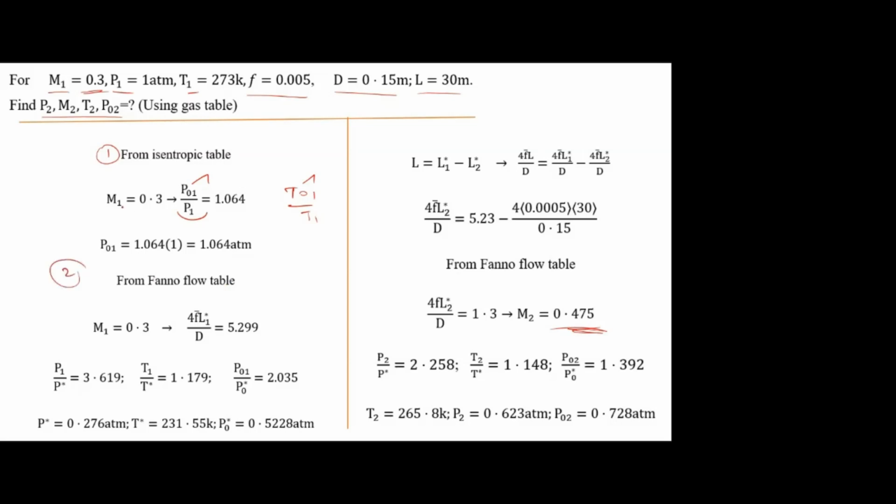Then second step, for the same Mach number, in the Fanno table you can find pressure, temperature, P01 by P0 star, also 4fL1 star. Once you know P1, T1, P01 and so on, you can find all the star properties. Then third step, using this formula, I know 4fL1 star by D. Also I know the value of fL by D, so that I can find 4fL2 star by D. Once I know this value, again go to the same Fanno table. You can find the corresponding Mach number and other pressure and temperature ratios. Substitute all these sonic properties, and you can find static and stagnation.